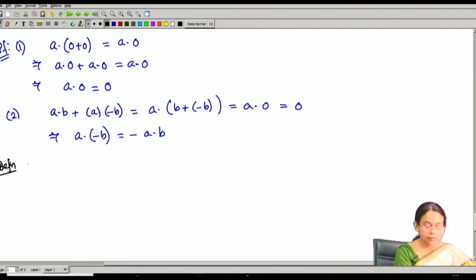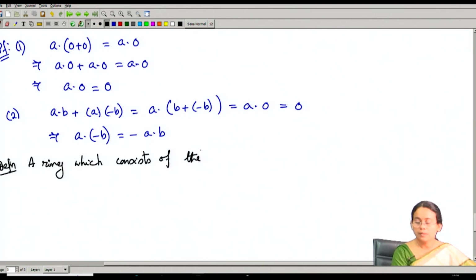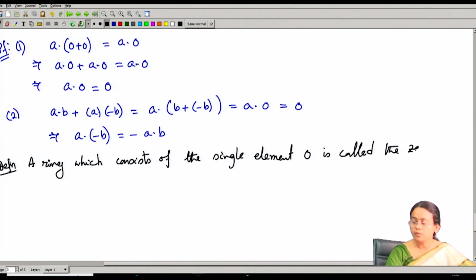So a ring which consists of the single element 0 is called the 0 ring.